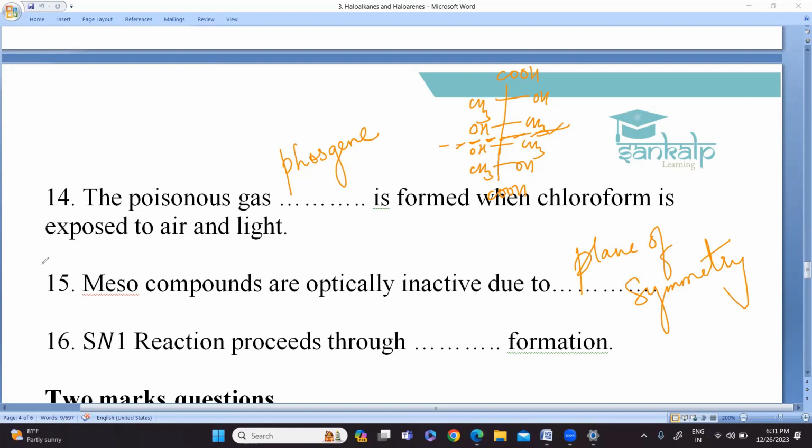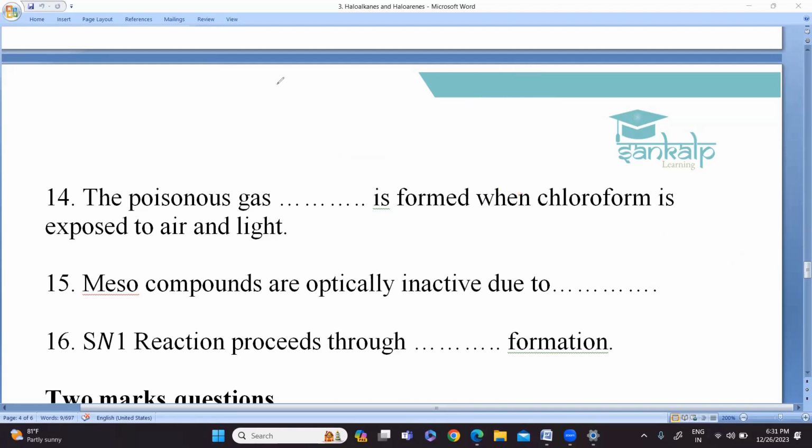Next question. SN1 reaction proceeds through dash formation. We have discussed the SN1 reaction and the SN2 mechanism, right?